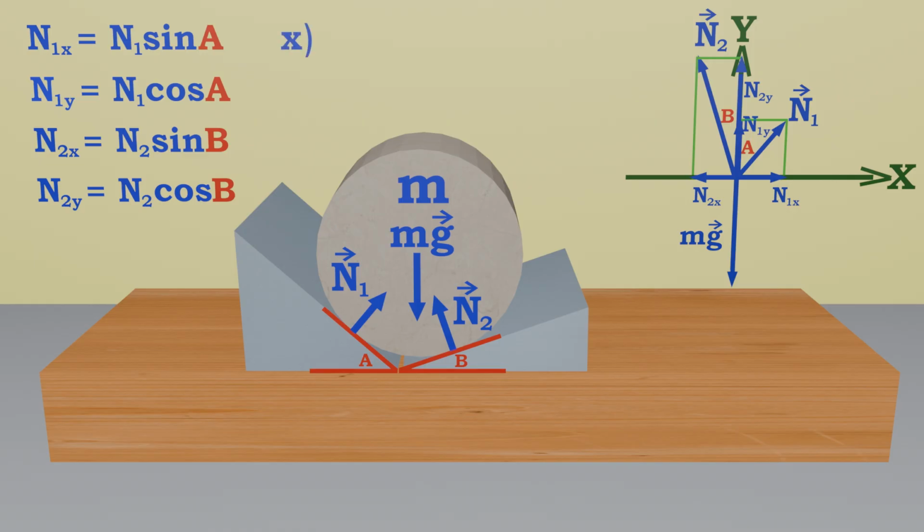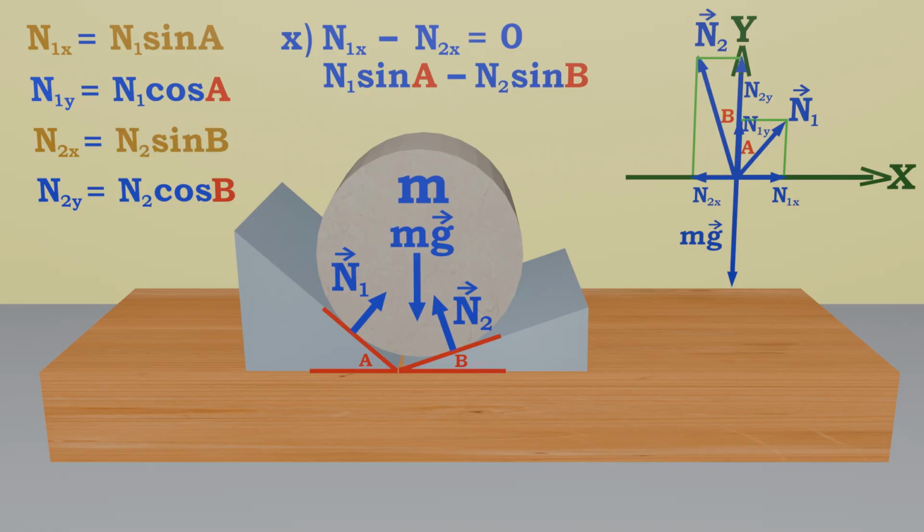Along the x-axis, Newton's second law can be written as N1x minus N2x equals 0, or N1 sine A minus N2 sine B equals 0. In a scalar equation, a vector's component is assigned a positive value when it is directed along the axis, and a negative value when it opposes it. That is why N2x has a negative sign.